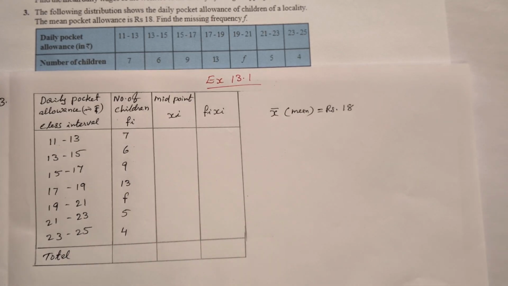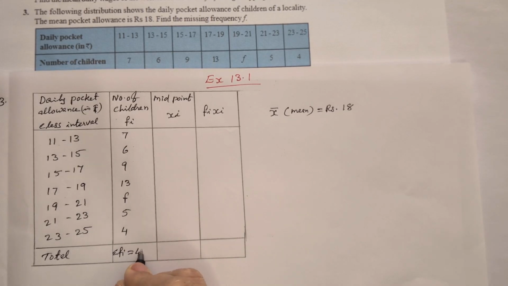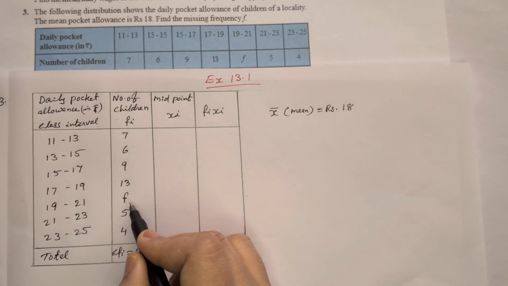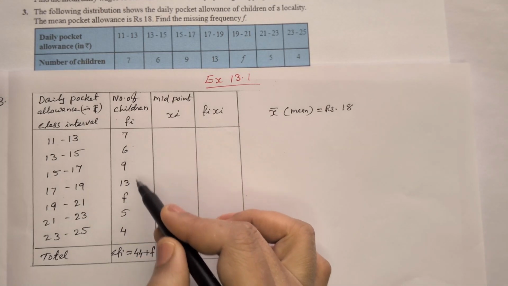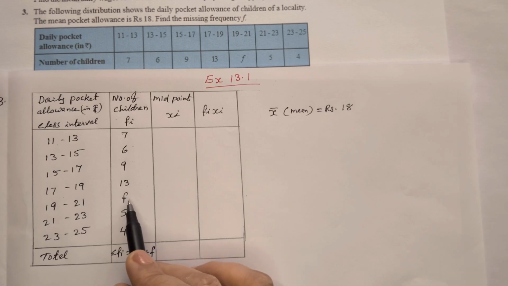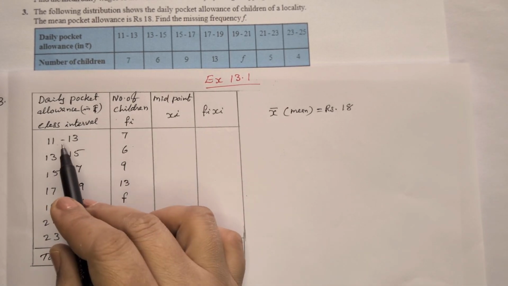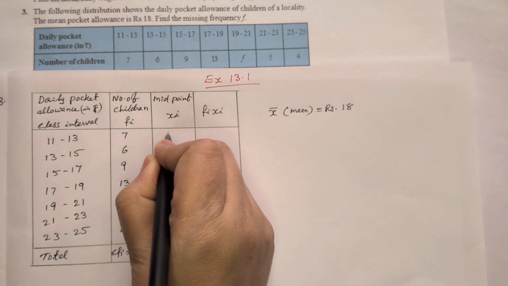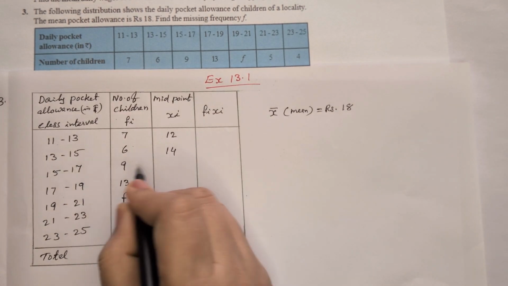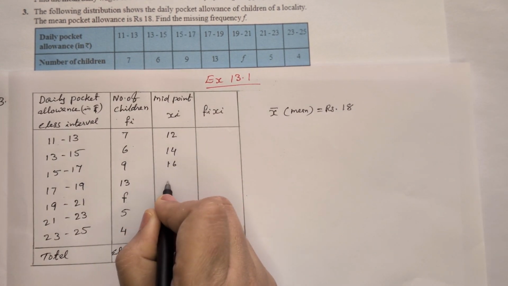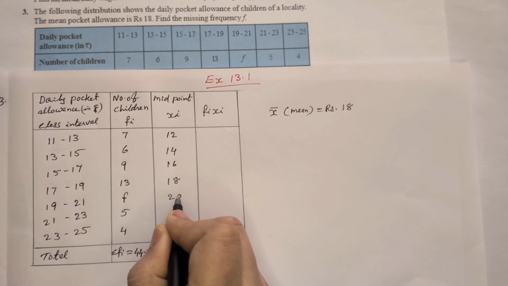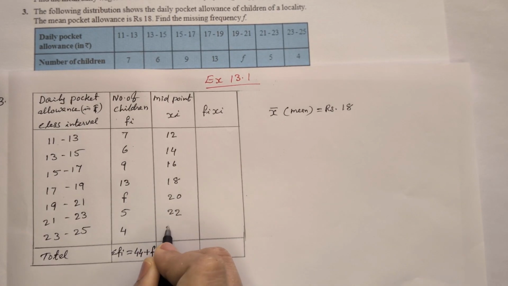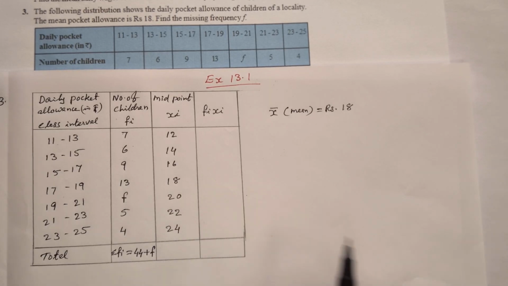When we add all these frequencies, we get sigma Fi is equal to 44 plus F. Here the missing frequency is F, so adding the remaining numbers we get 44, and that plus F. Then Xi, the midpoint, that is 12, 14, 16, 18, 20, 22 and 24. Next is Fi Xi.